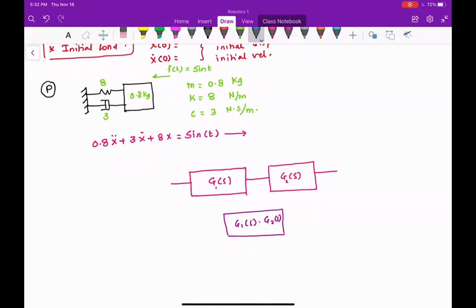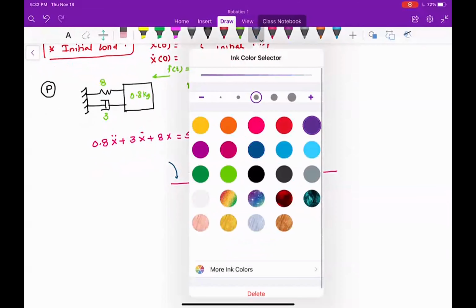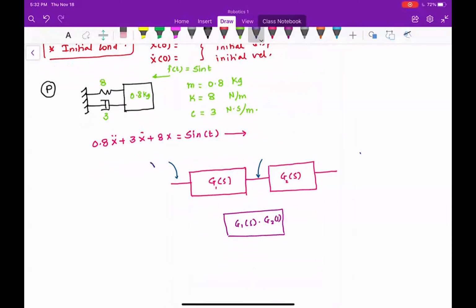The reason for that is basically the output of this block. Okay, let me answer this question. You have an input, which I'm going to call X(s). This input gets fed to this block. What happens to this input? It becomes X(s) times G1(s).